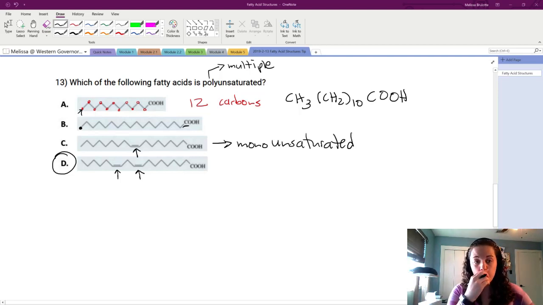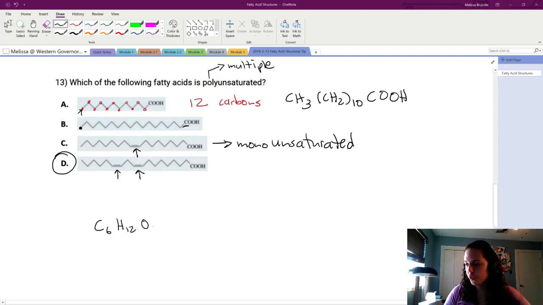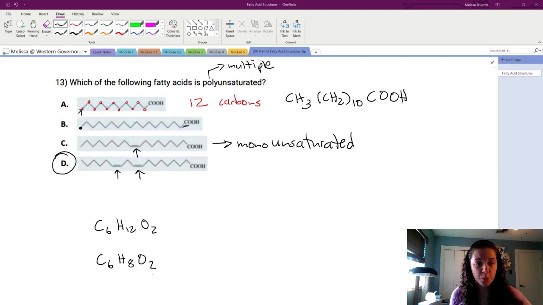Now, there's one more way to look at these fatty acid structures, and that's with chemical formulas. You might see something like C6H12O2 or C6H8O2. And if you see that, it's pretty clear how many carbons they have, but we can't really see the double bonds drawn out. And so there are a couple of rules to make sure you know how many double bonds these have.